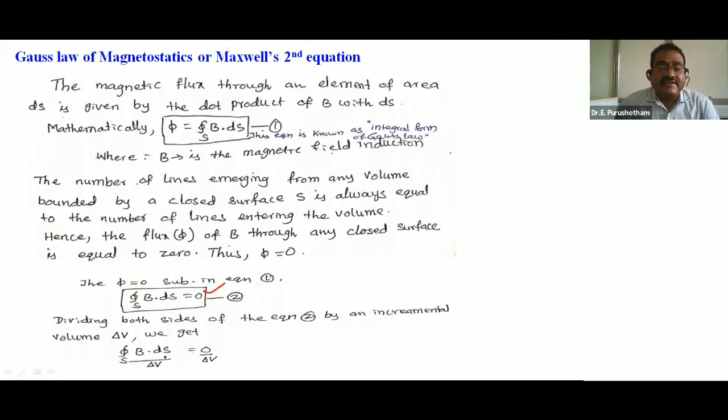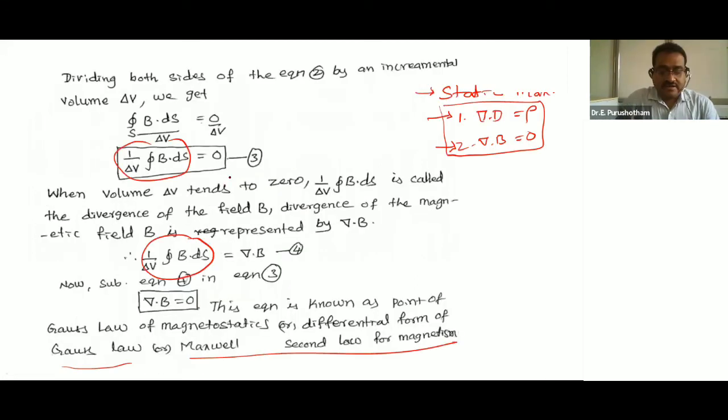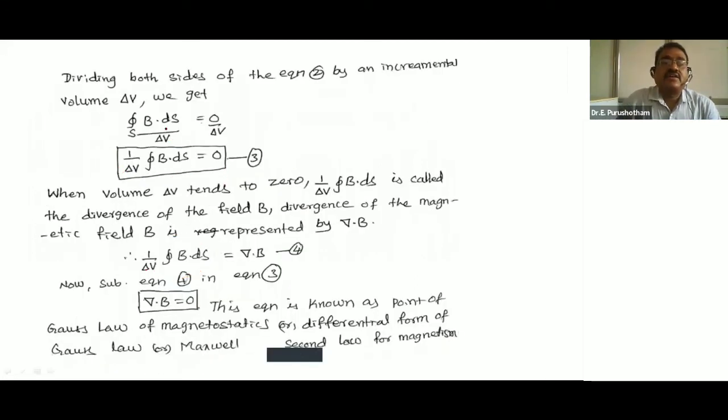Dividing both sides by delta V, we can write 1 by delta V, the surface integral of B dot ds, is equal to 0 by something, which is 0.